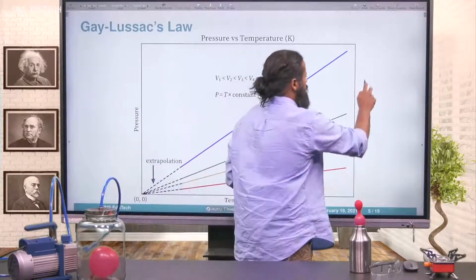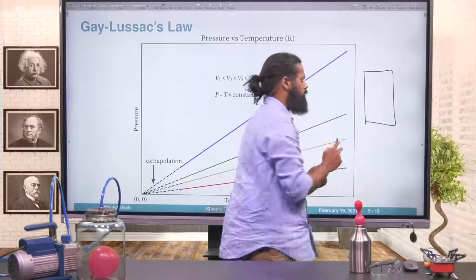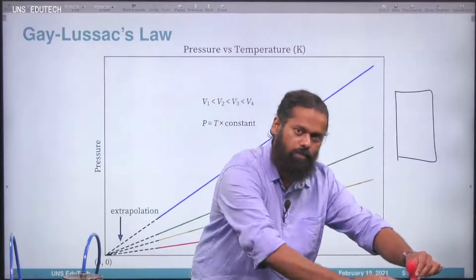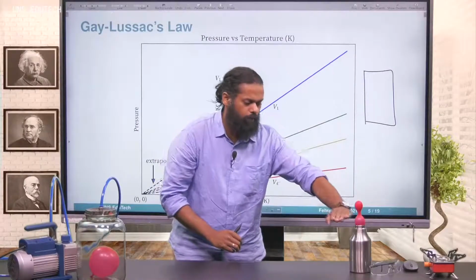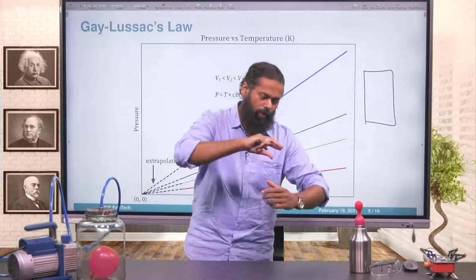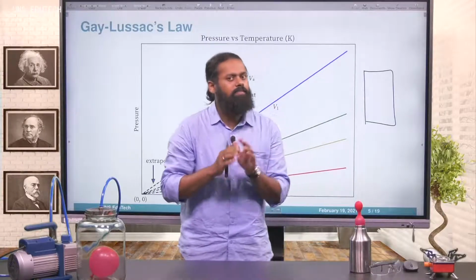See, you can have a container. You close it. Assume that in this system itself, you close it completely, rigidly, that means you are putting a cap on top of that, so the system is closed.